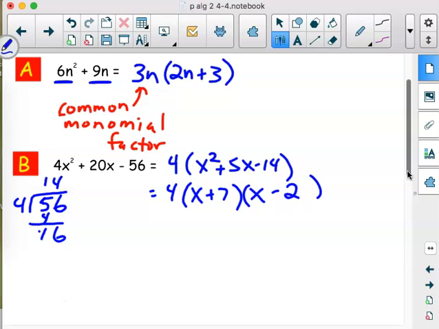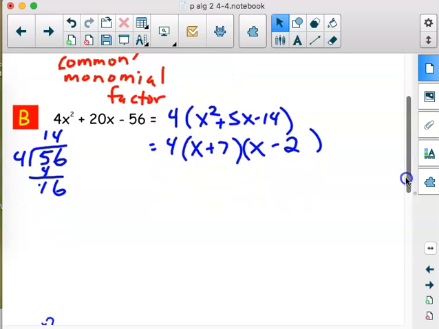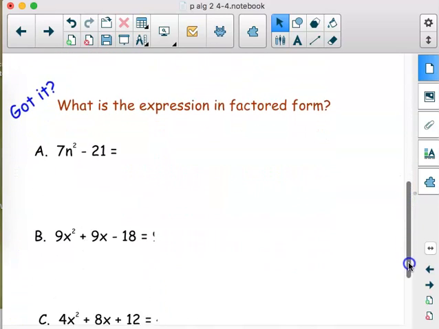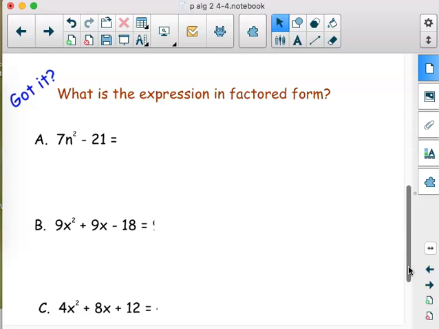So we factored out a common monomial factor, and then we did some good old-fashioned factoring. Like I said, what we want to do is factor either until there's no squareds or higher powers left, or get to a point where we're like, uh-oh, that's not factorable. Then we're done.